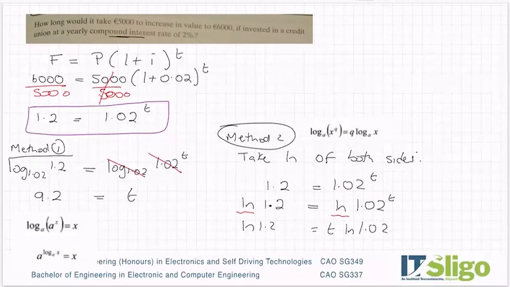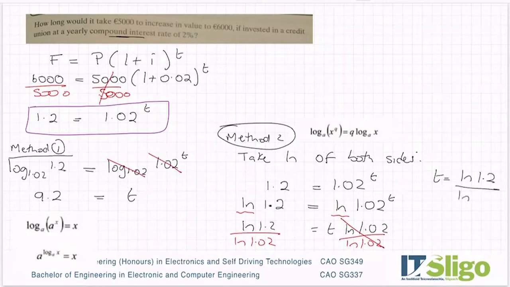Then I'm just going to divide across by ln of 1.02 because that's just a number. So divide both sides by ln of 1.02, so that they cancel there on the right. So I have t equal to ln of 1.2 over ln of 1.02.